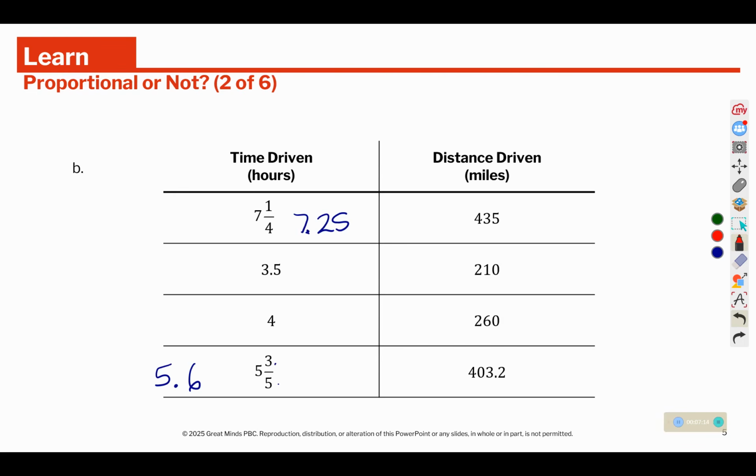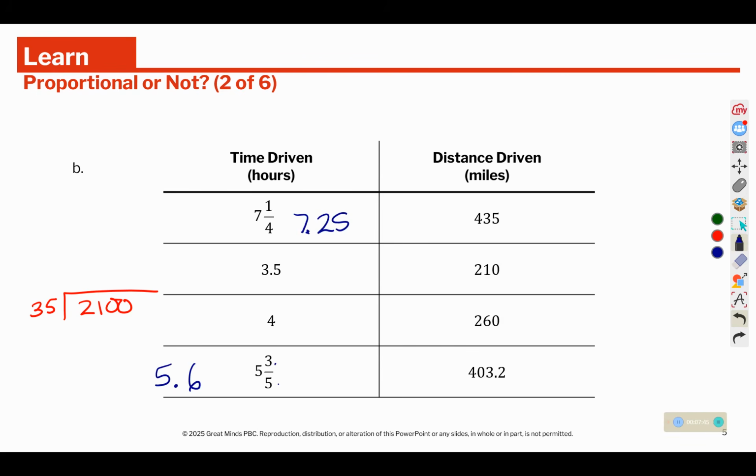Let's divide to see if these have the same unit rates. Let's use rows 2 and 3 this time. 210 divided by 3.5. We'll move that decimal one spot. So now we're working with 35 and 2,100. 35 doesn't fit into 2 or 21, but it does fit into 210.